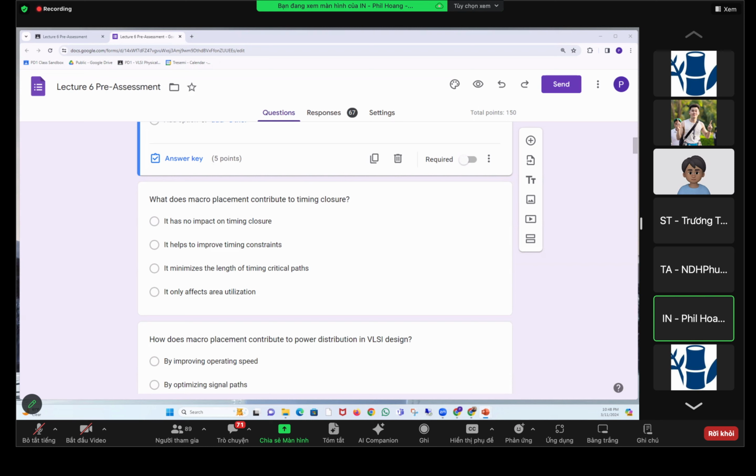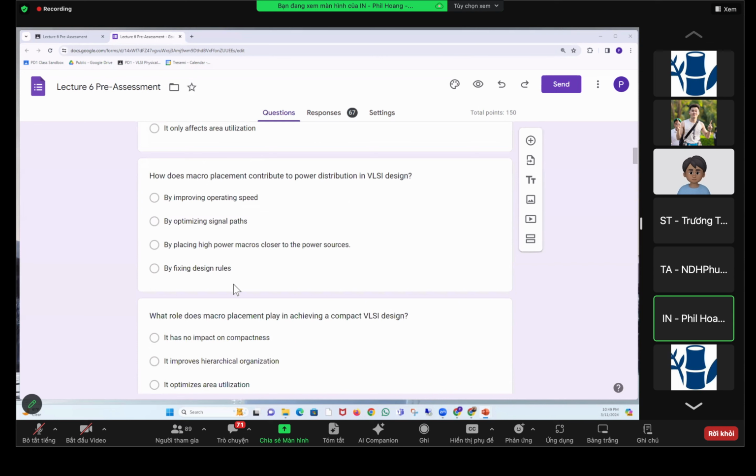It does have impact on timing closure. It doesn't help with improving the constraints; the constraints have nothing to do with the macro placement. Minimizing the length of timing critical paths we just went through, and area utilization is only one of them, but it has more. Thank you for all the answers.